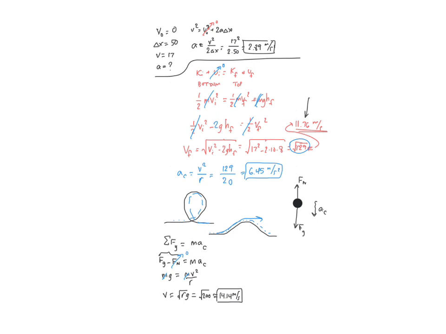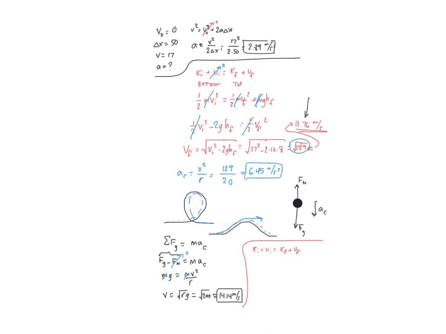And finally, in part F, we want to calculate what acceleration the car must have had during the first 50 meters to achieve the speed that would give you 14.14 meters per second at the top of the hill. So this is going to be a two-part question, because first we have to calculate the speed at the bottom of the hill using conservation of energy. Ki plus Ui equals Kf plus Uf.